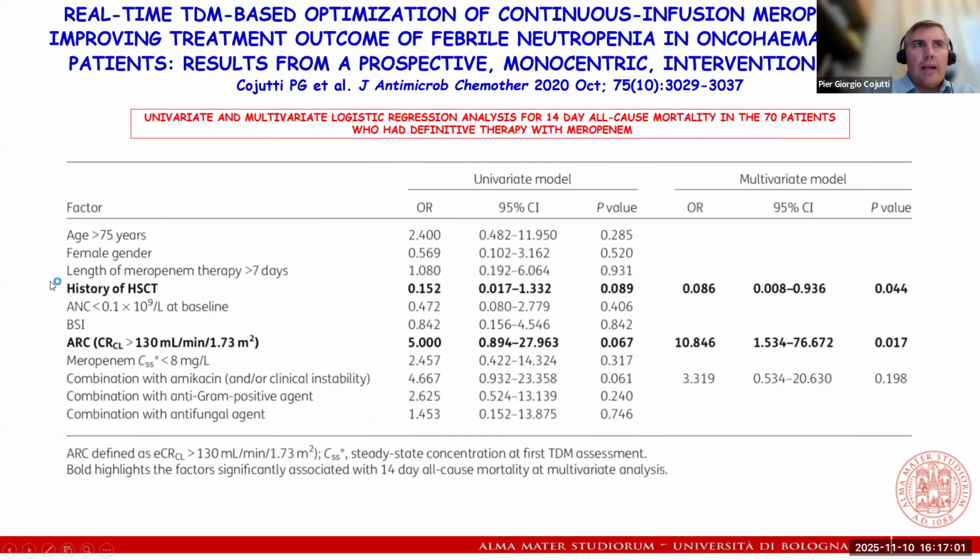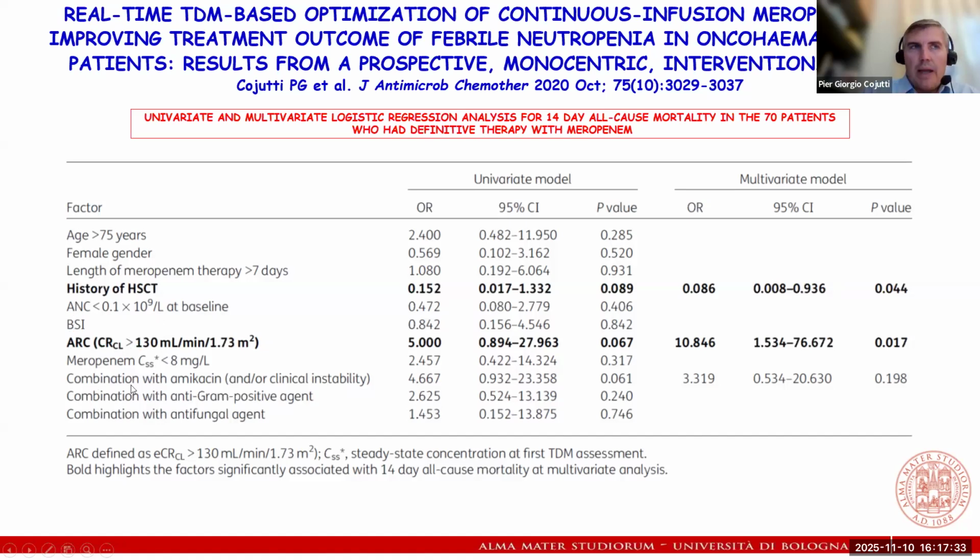two factors, having received a transplantation and having an augmented renal function, are factors that associate negatively with all-cause mortality. In particular, augmented renal function means a creatinine clearance above 130, which is a condition often observed in patients with sepsis, septic shock, but also in patients with acute myeloid leukemia.